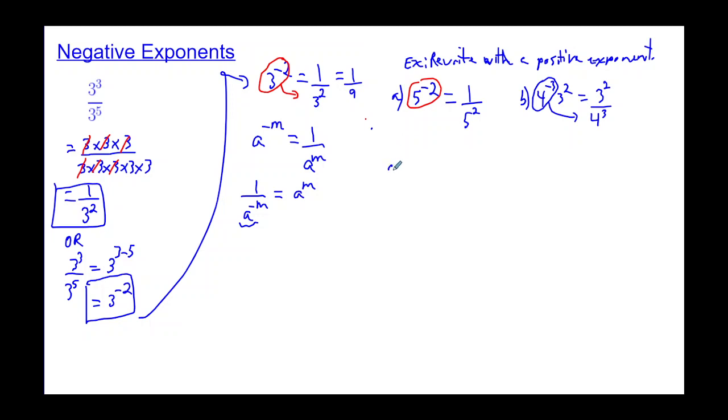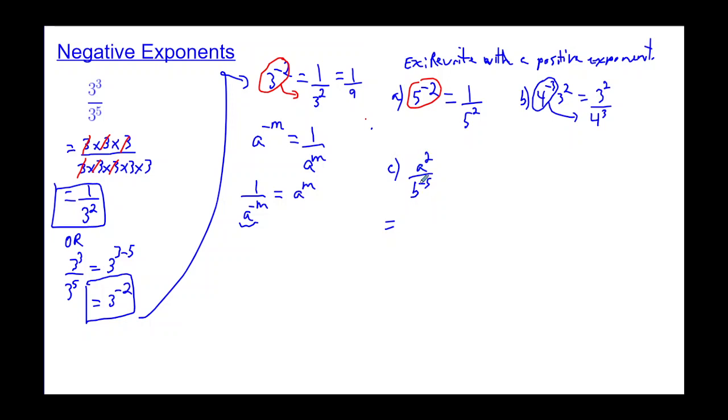Let's do one more. Let's do one where the negative exponent is in the denominator. And let's be a little bit more abstract here. Let's talk about a squared divided by, let's not use the same variable, let's use b to the negative 5. So again, the a's and the b's are different.